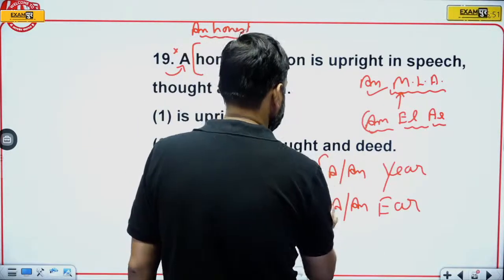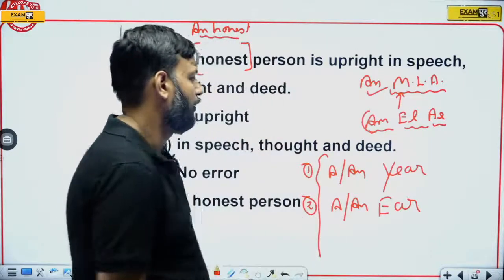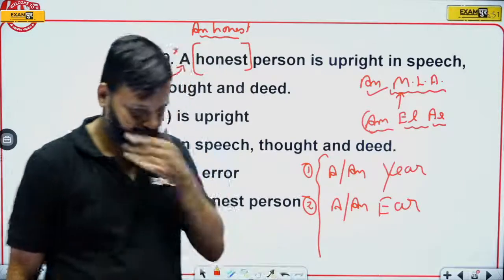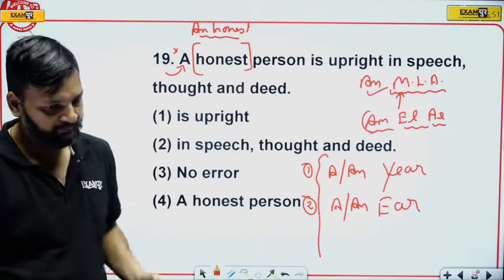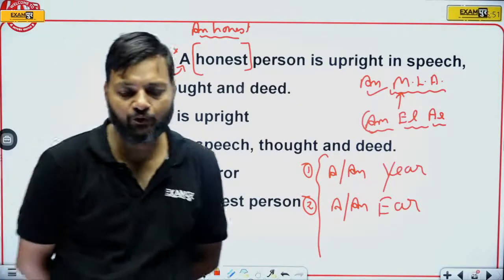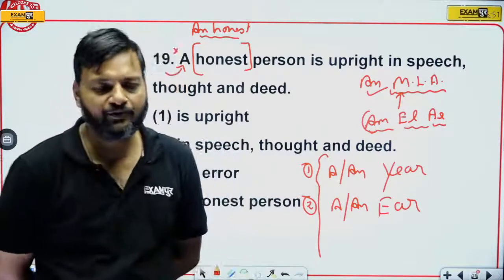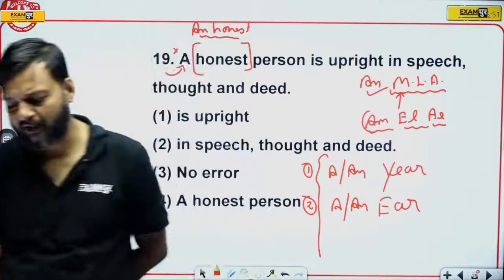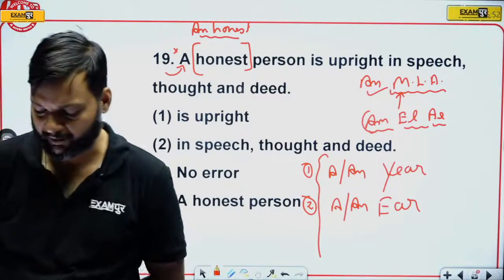With ear, a or an? I want to see how many of you know. Not many students are watching me right now, I know that. But whoever is watching, I want an answer from them.